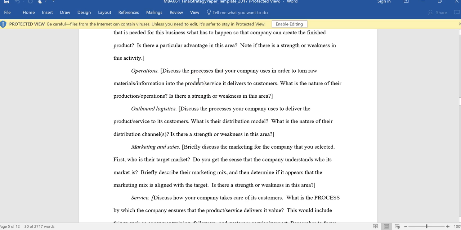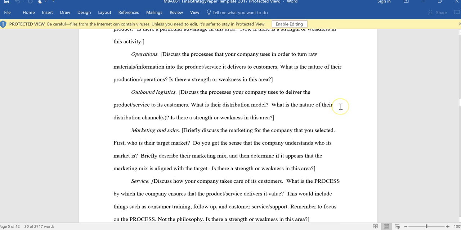And then finally, we have to think about outbound logistics, which are, okay, so once we have made this product, this is manufacturing, once we've made this product, how do we get it to people? And that matters. How you get something to someone matters. So there might be advantage in that.